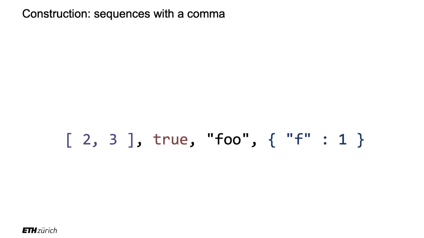Now, because this is one item, right? How do I construct sequences then? Well, I construct them with commas, just using commas. So here I say an array, comma, true, comma, string, comma, an object. This is a sequence, this evaluates to a sequence of 4 items, an array, a Boolean, a string, and an object, right? Just with commas.